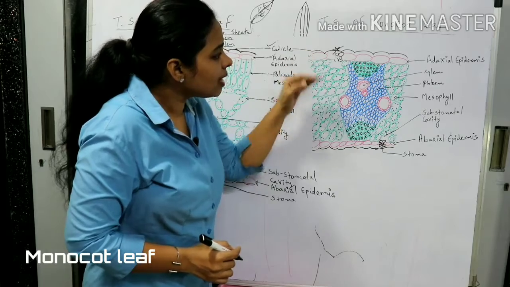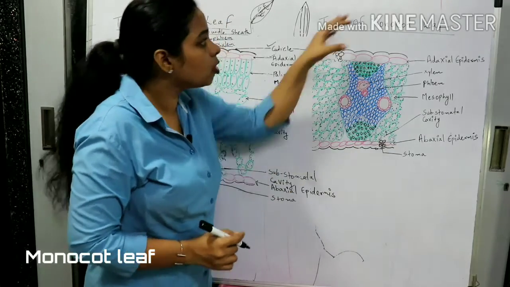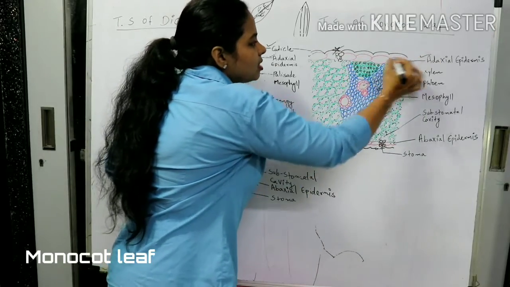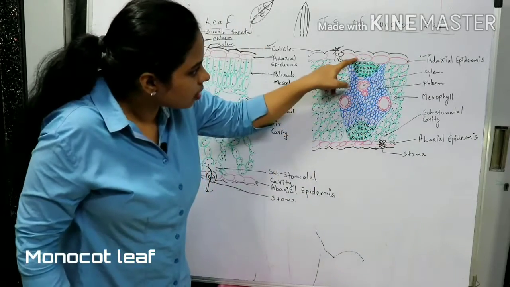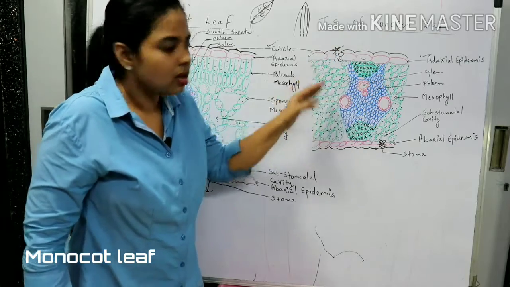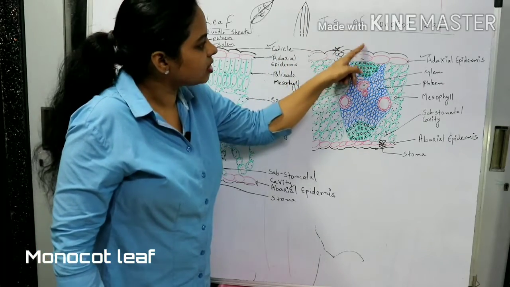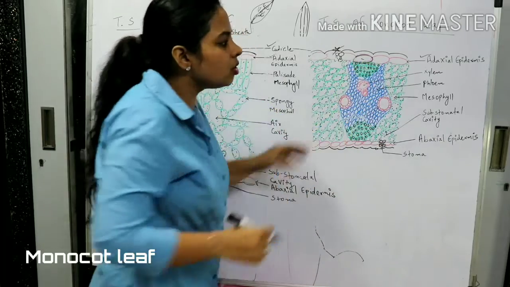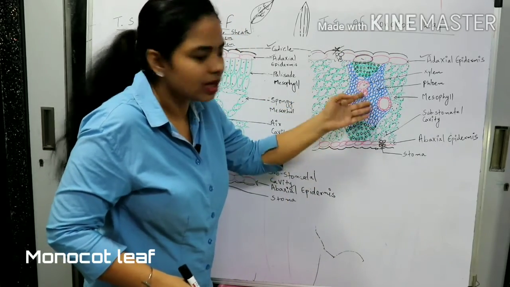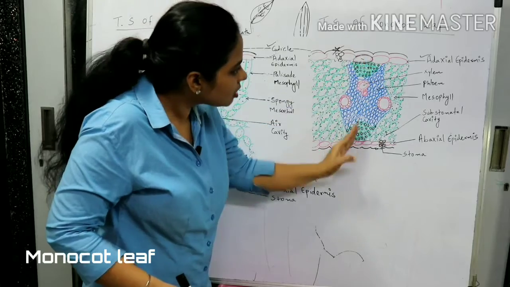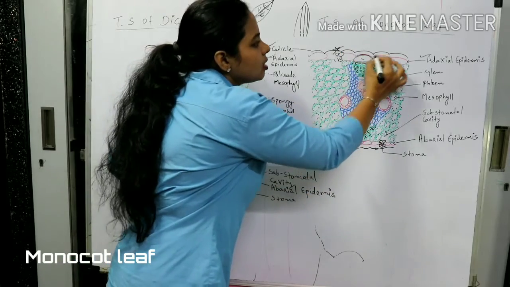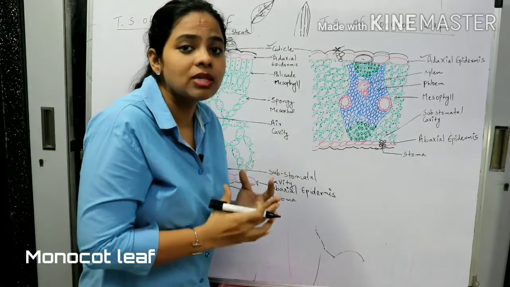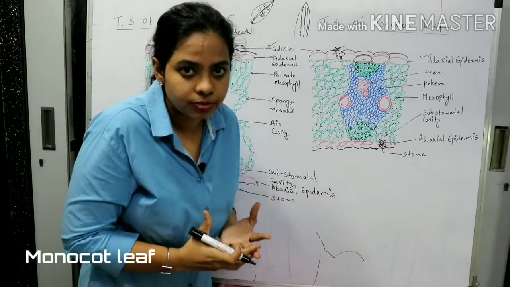Now let's see one unique point about the monocot leaf. Now these adaxial cells, that is cells of the upper epidermis, along the veins, whenever these adaxial epidermal cells come, these cells convert into what? See, this is a vein with vascular bundle. The adaxial cells along this vein become large empty cells. These are known as bulliform cells.